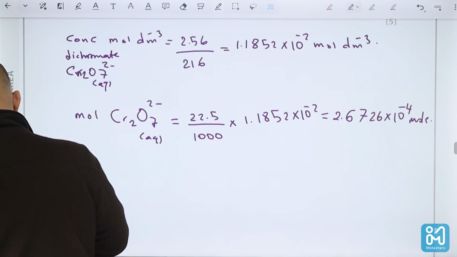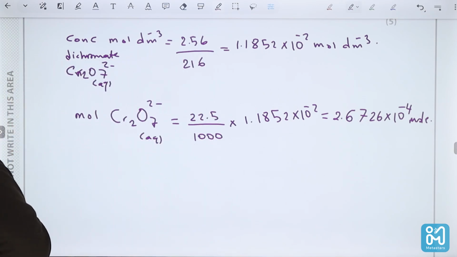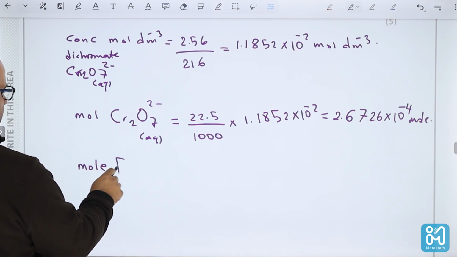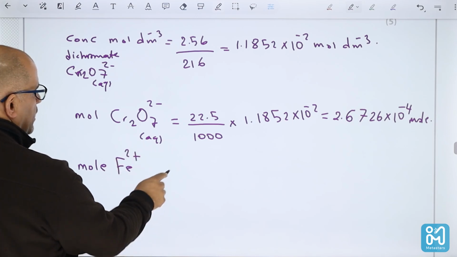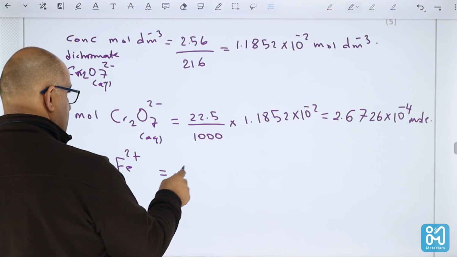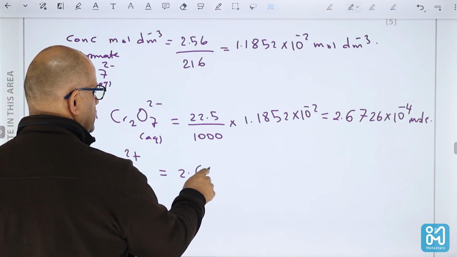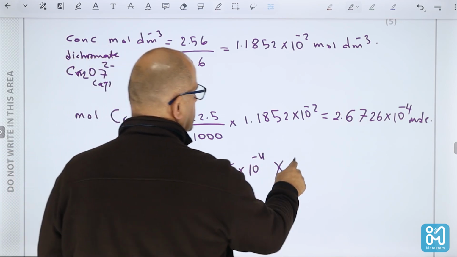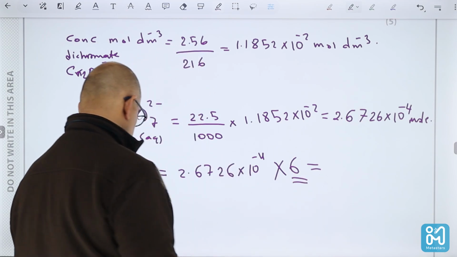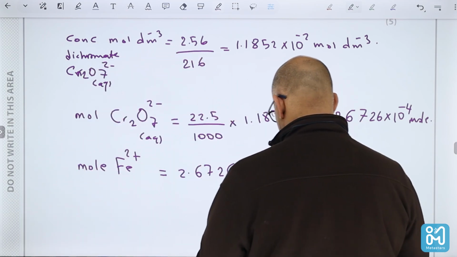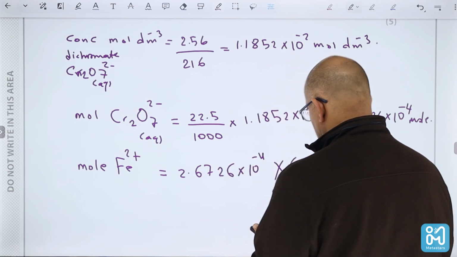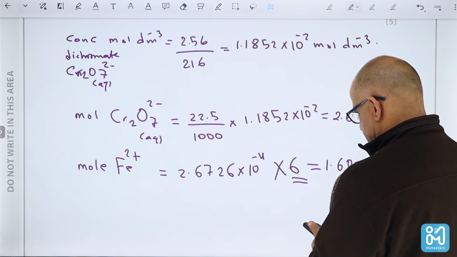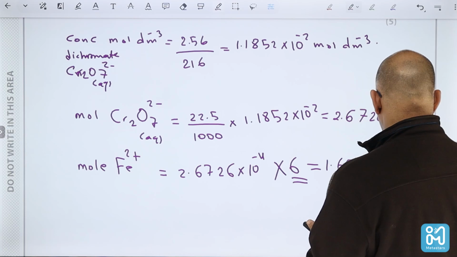Now, you can find from the equation the moles of Fe 2+, which equal the moles which we found, 2.6726 times 10 to the power negative 4. According to the molar ratio, it is multiplied by 6, which equals 1.6036 times 10 to the power negative 3 moles.